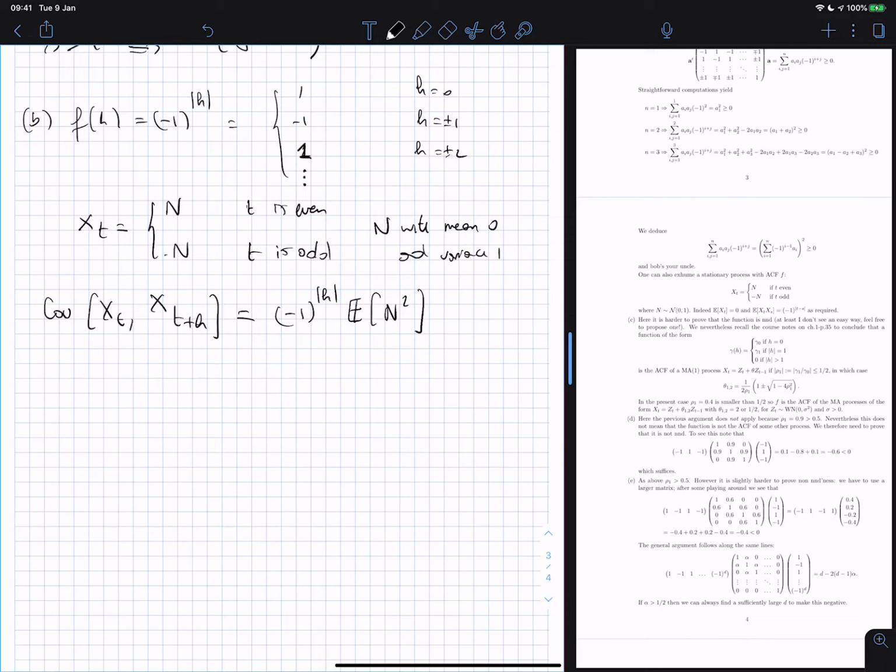So that's actually nice and easy. Is everybody okay with this? Because we have been smart, we don't really have to work: this is the covariance of this process, therefore f of h is a covariance.